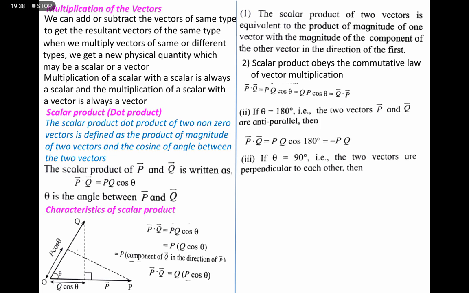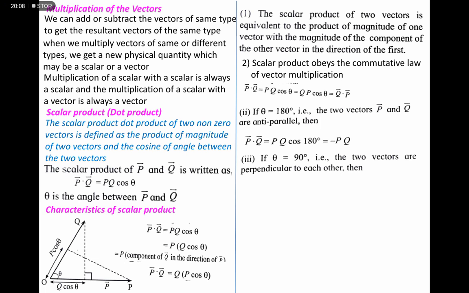If theta is 90, definitely the two vectors will be perpendicular to each other, along x-axis and along y-axis. Angle will be 90. So here we'll make a statement: when two vectors are perpendicular to each other, then their dot product is 0.